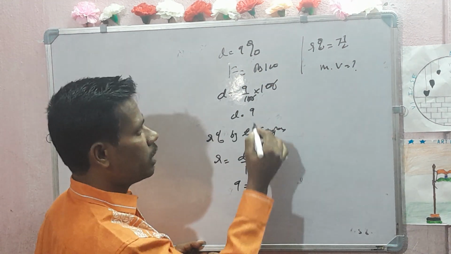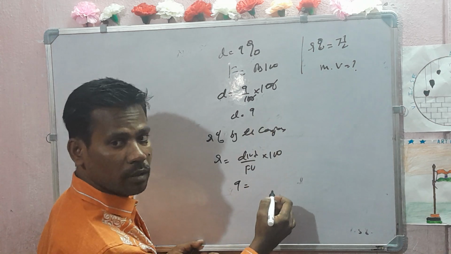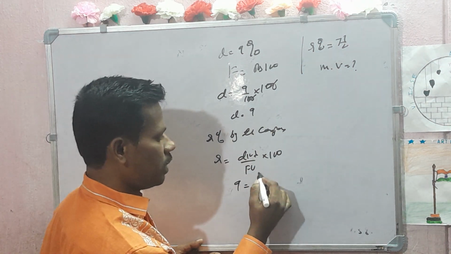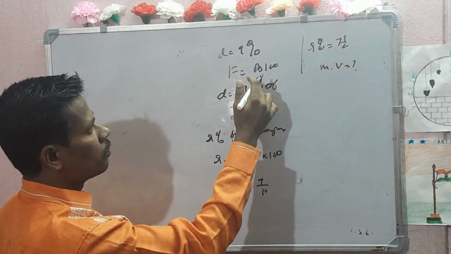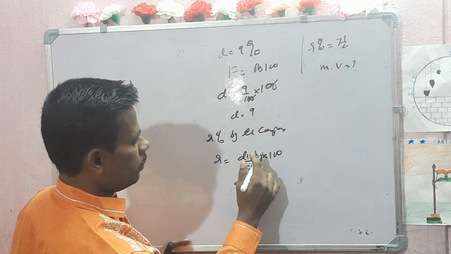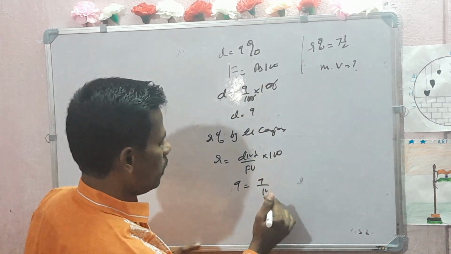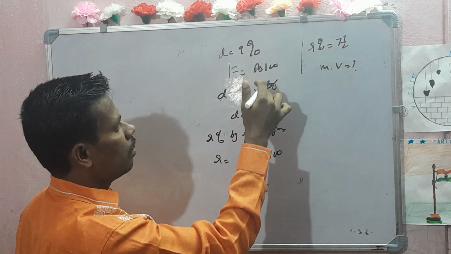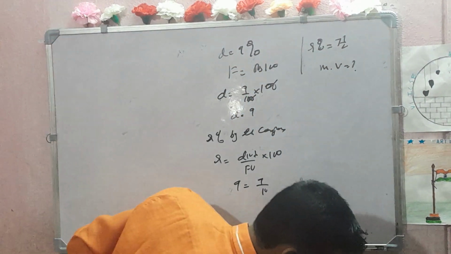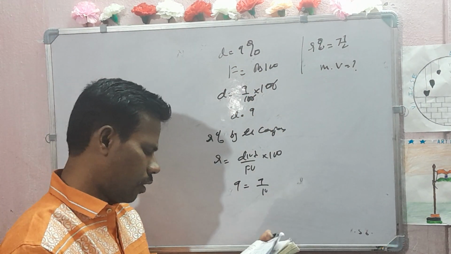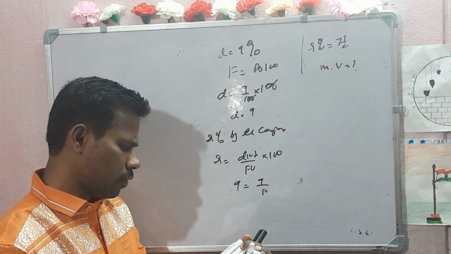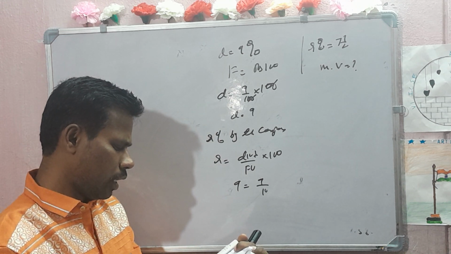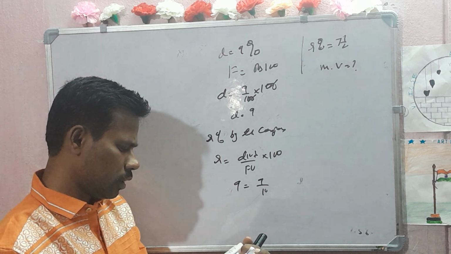Rate is given as 9. 9 is equal to dividend by face value into 100, what is the face value? 100. Dividend is 9. A dividend of 9% was declared on face value.